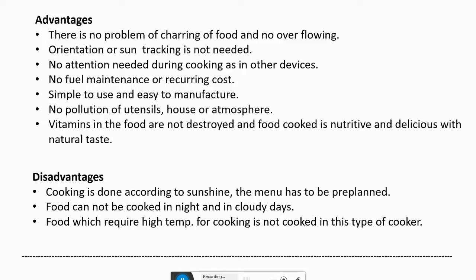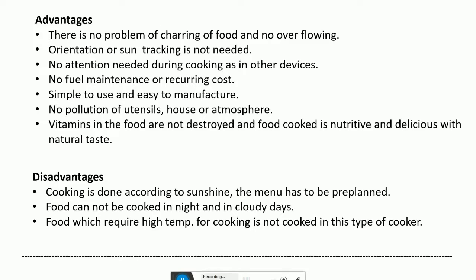Advantages of solar cooker. The first advantage is there is no problem of charring of food and no overflowing. The second is that orientation or sun tracking is not needed. Then no attention is needed during cooking as in other devices, and there is no fuel or maintenance recurring cost.